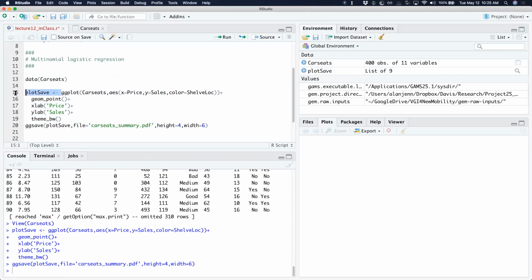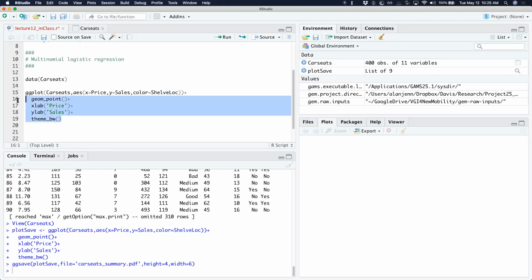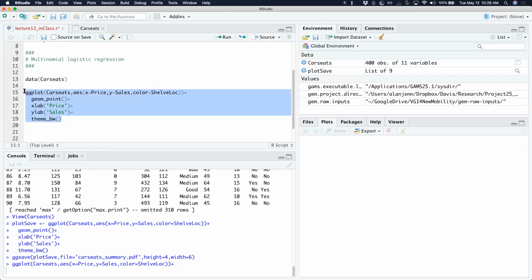Oops, let me get rid of this stuff. So I'm making a ggplot from the Carseats data set with price on the x-axis, sales on the y-axis, and then a separate color for each of the shelf location types.